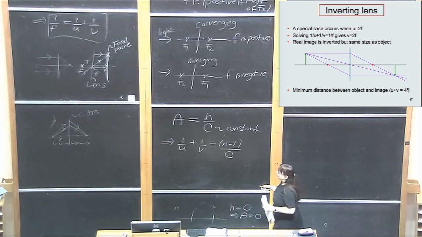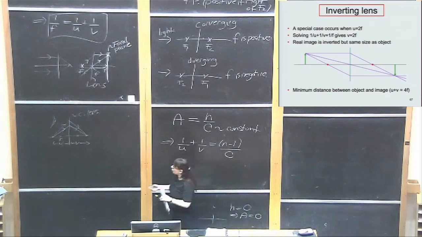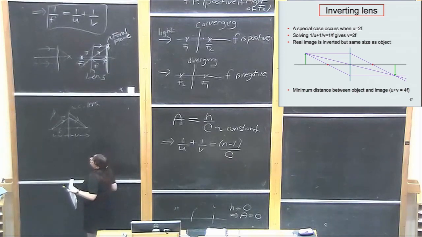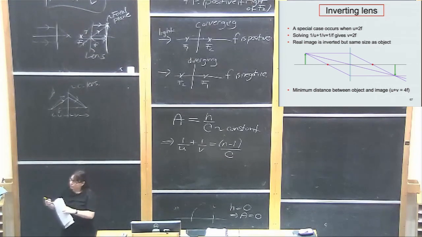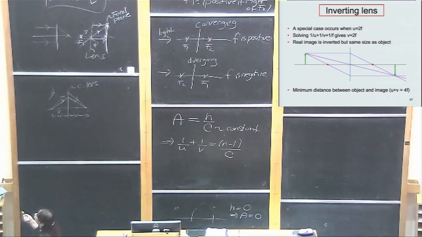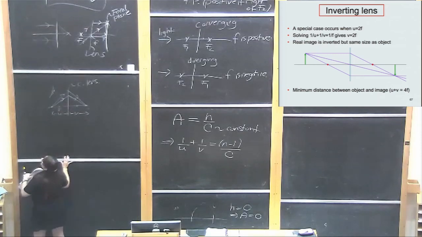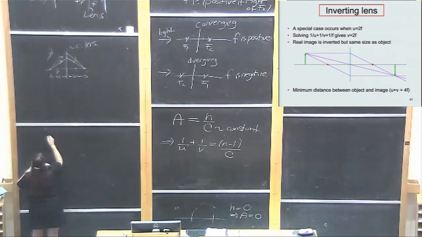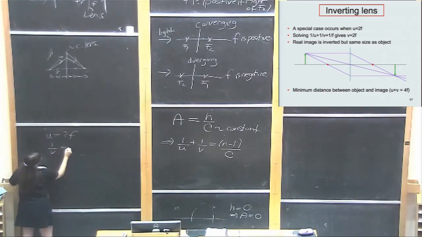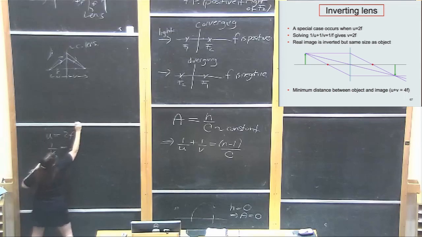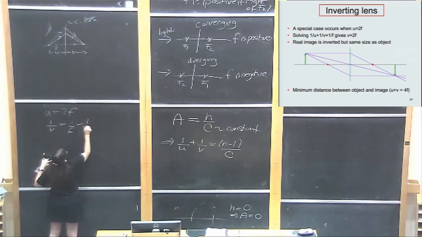Now, a special case that is useful in practical terms, and we'll see a practical use of this later, probably in the sixth lecture, is the so-called inverting lens. If you put your object precisely at a distance 2f away from the lens, and you solve the equation, so what we've got here is u equals 2f, and I'm going to solve for v.